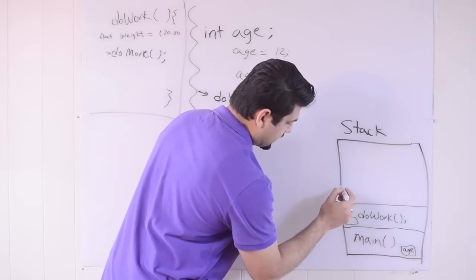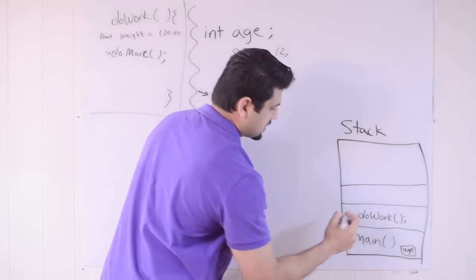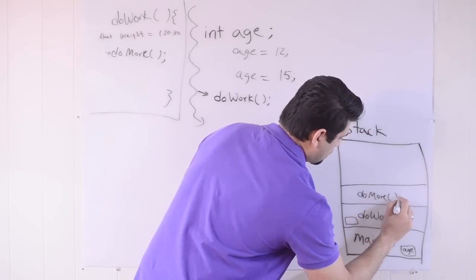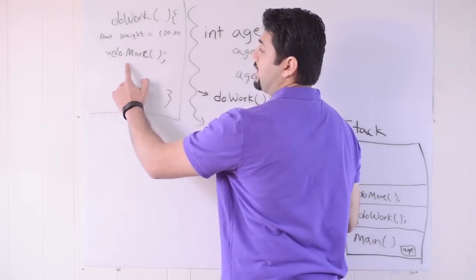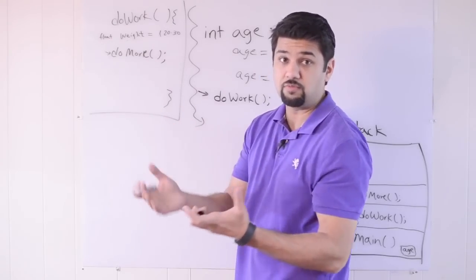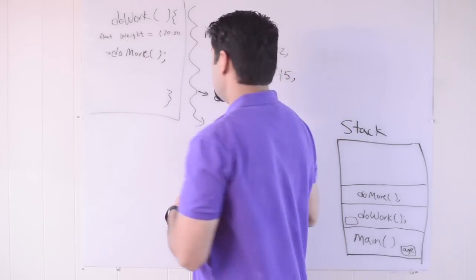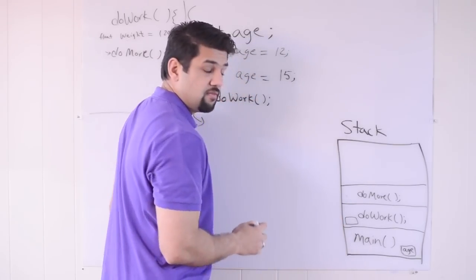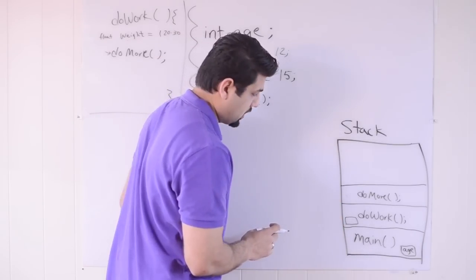All right, this will be added on top of the stack, and it's going to be called do more. And whatever variables are in this method's body, those are local variables, they'll have special reservations in this frame, the do more frame, okay?